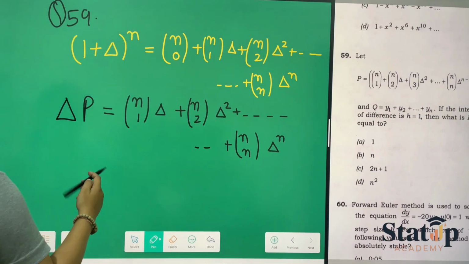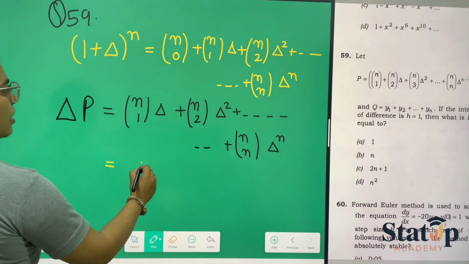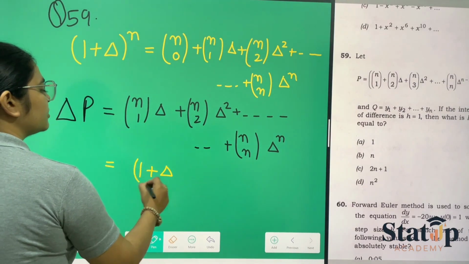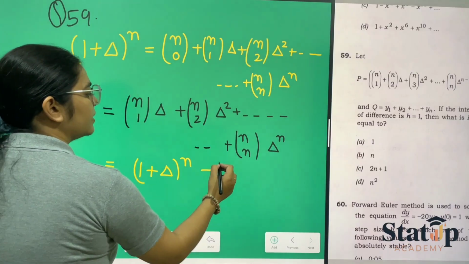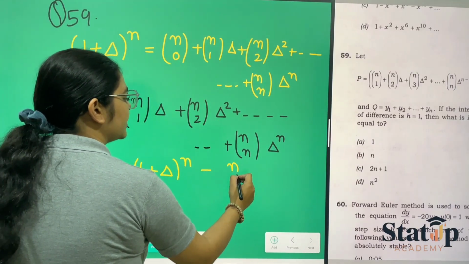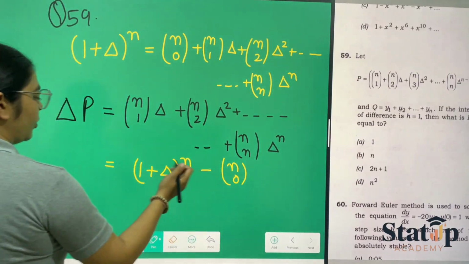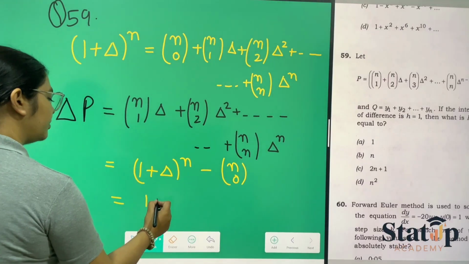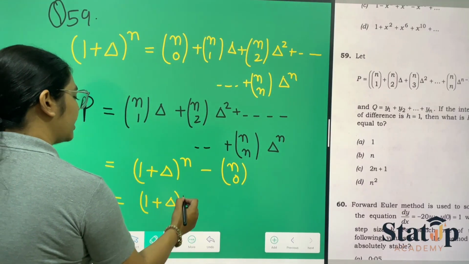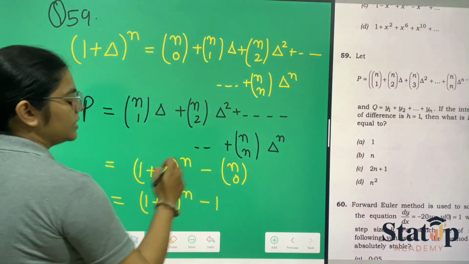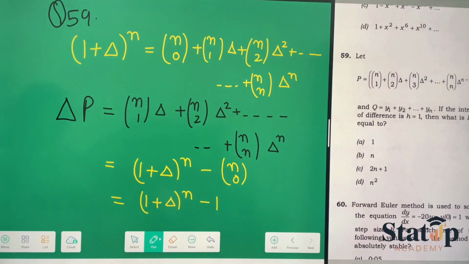Okay, this is nothing but equal to (1 plus delta) raised to the power n minus the missing term, which is nC0, or we can also write it as (1 plus delta) raised to the power n minus 1, because nC0 is nothing but 1.